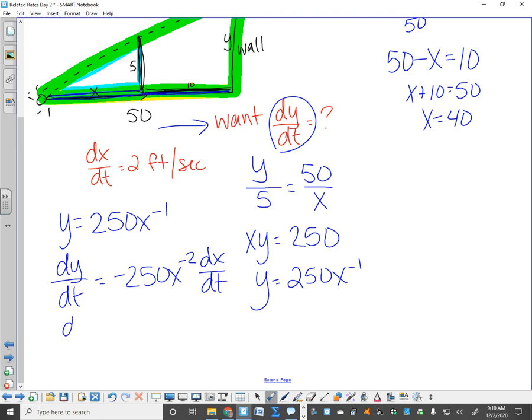All right, looking for dy dt. I need x, and I found x to be 40. And that can go in now because we are post-derivative. And now I need dx dt, which they gave me.